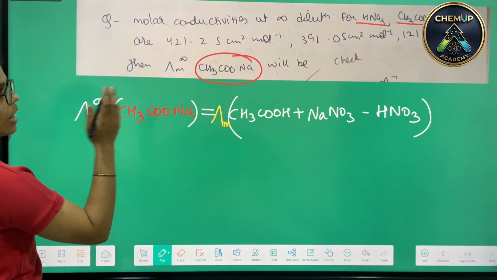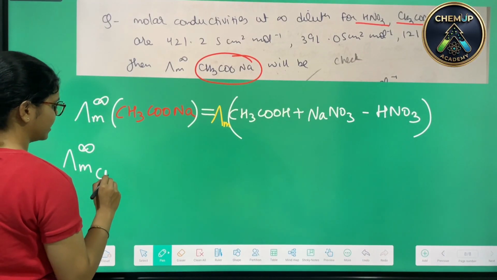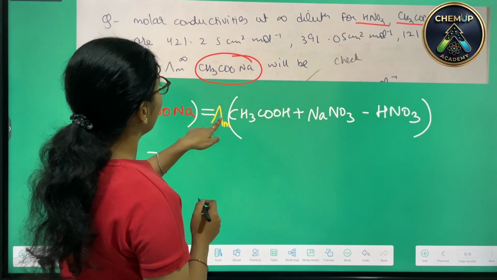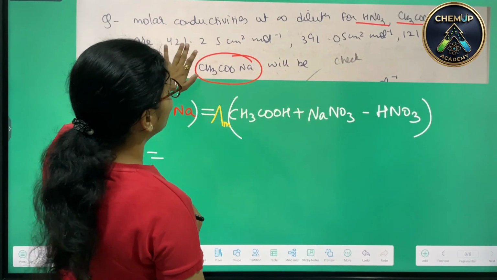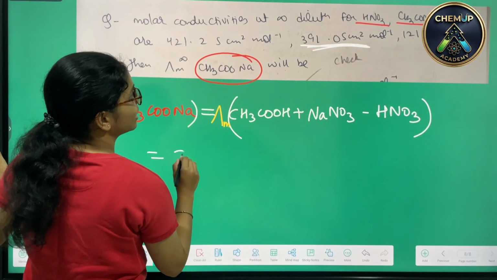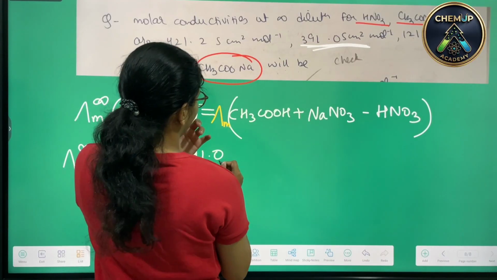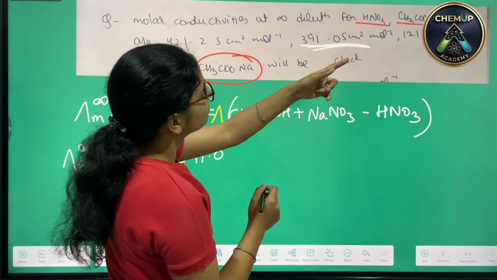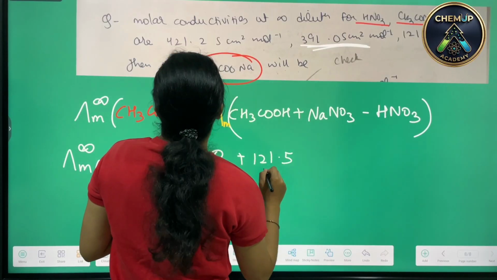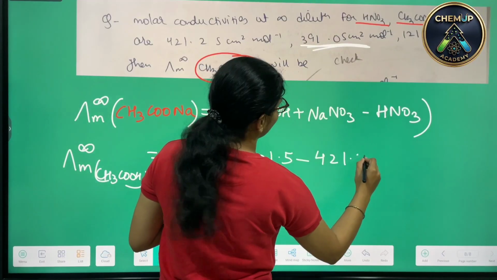On placing the values, what can we get? We can say that for CH3COOH, it shall be M for CH3COOH is given here. That means 39.10. Then for NaNO3 we have 121.5, and for HNO3 we have 421.2.